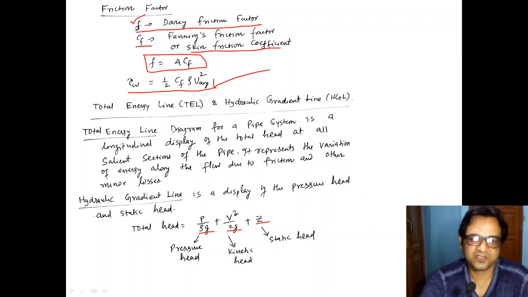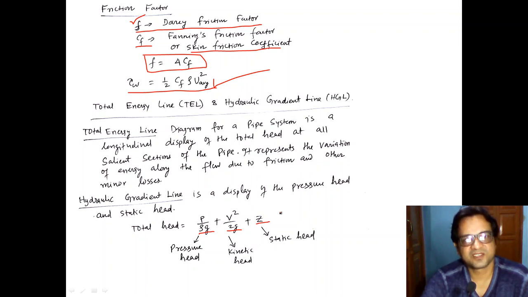So the variation of the piezometric head along the length of the pipe is known as the hydraulic gradient line. Due to viscous effects, the energy is lost along the direction of the flow inside a viscous pipe. So the total energy line will decrease in case of a viscous flow in a pipe. In this way we can find out the major loss by friction.